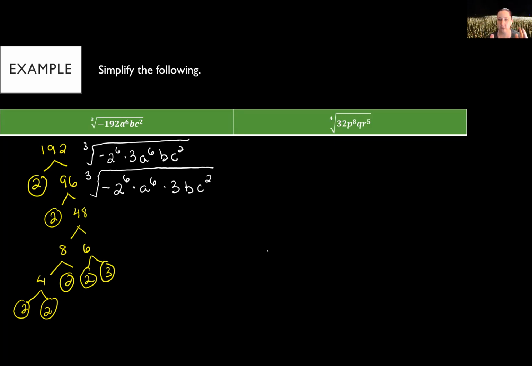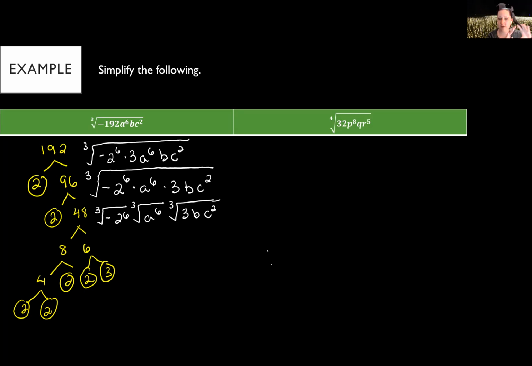Then I'm going to split this into multiple radicals. So I won't skip that step. I'll take the cube root of negative 2 to the 6th, the cube root of a to the 6th, and then the cube root of 3bc squared. And the c squared, that 2 was smaller than the 3, so we can't take that radical.